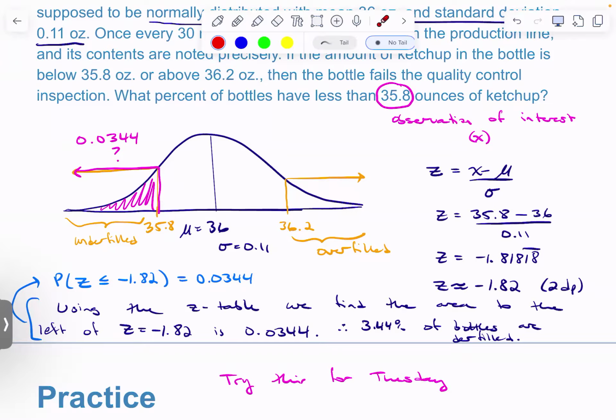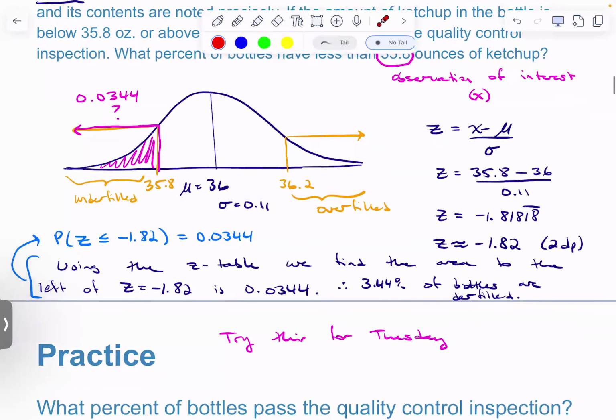So from this 35.8, it's centered on 36, and we're told the standard deviation is 0.11. We were off to the races. First thing we did was we converted this 35.8 to a Z-score. So we start over here and we solve for Z. Now, because we're using the Z table, we have to round properly to 2 decimal places, which you don't have to memorize.